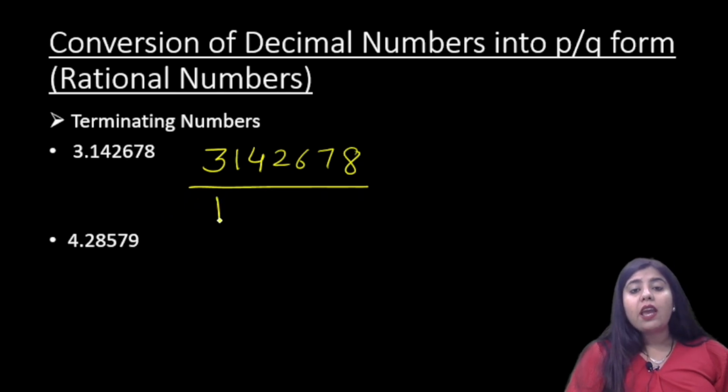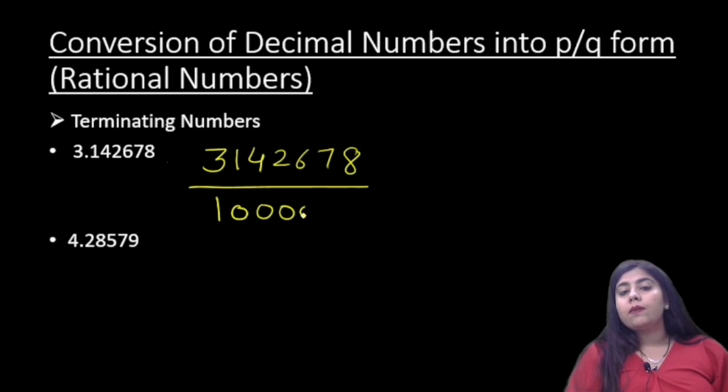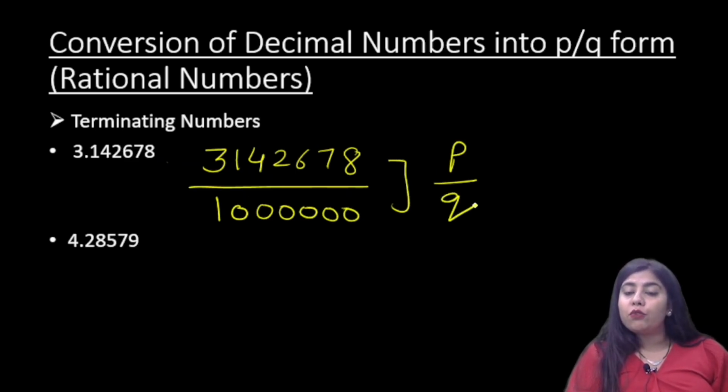Just write 1, and after that you have to put the number of zeros equal to the number of digits that are after the decimal given in the question. As we can see that there are 6 digits after the decimal, so we have to put 6 zeros here. So this is the p by q form, where p and q both are integers and q is not equal to 0, so we can say that it is the rational number that we get after converting the given decimal number.